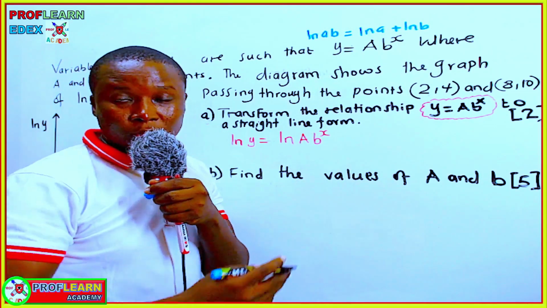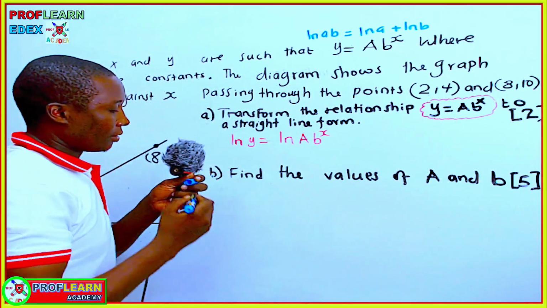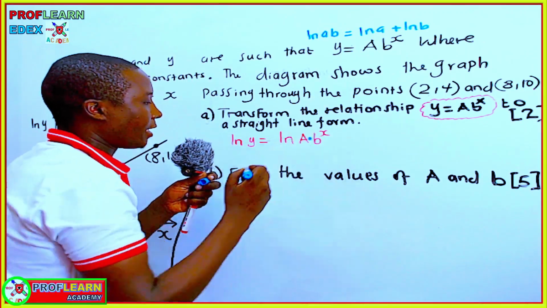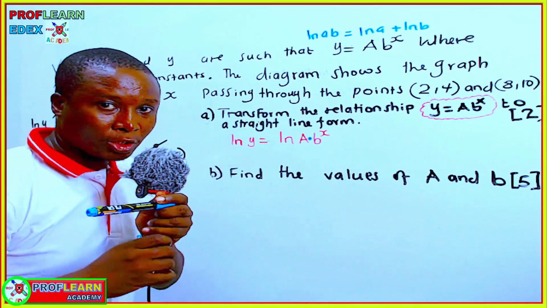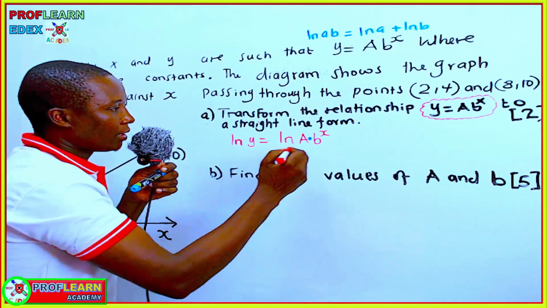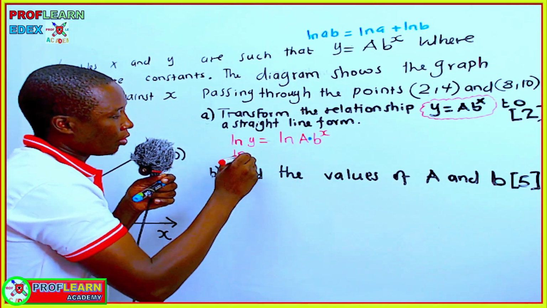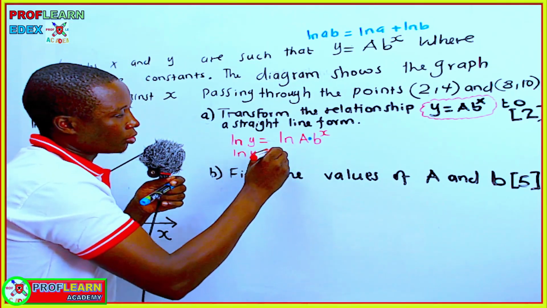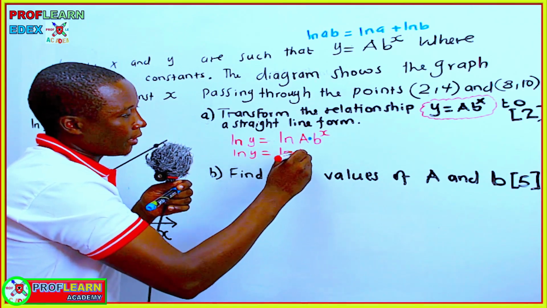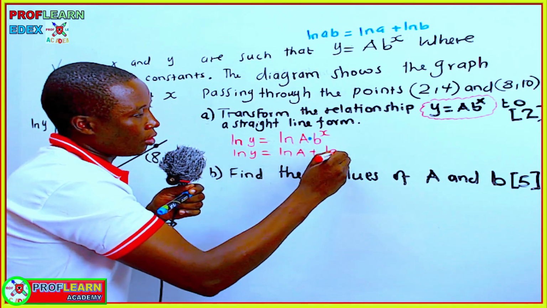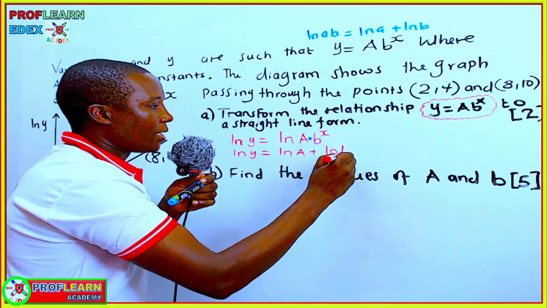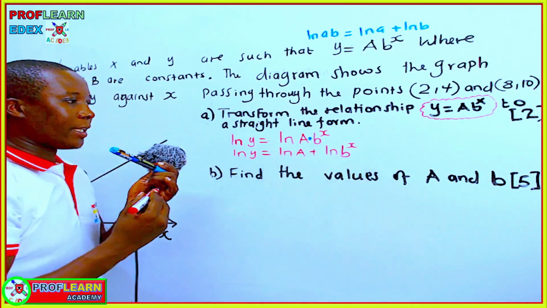We can split those two that are together. So natural log of y equals natural log of a plus natural log of b raised to power x.